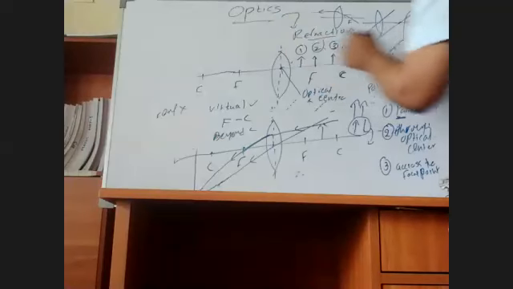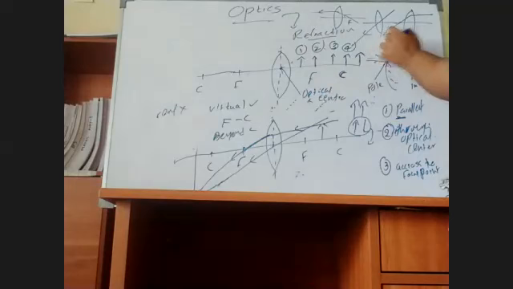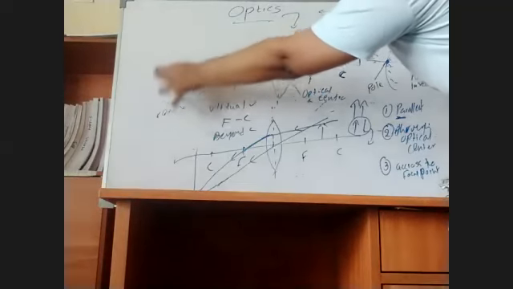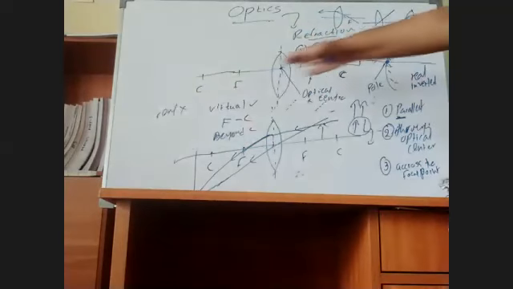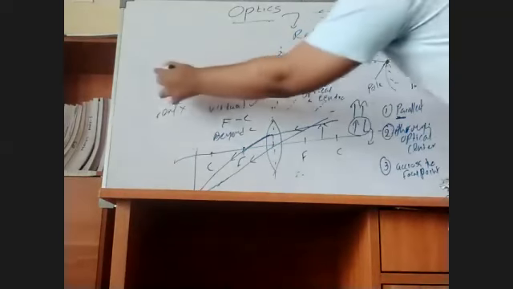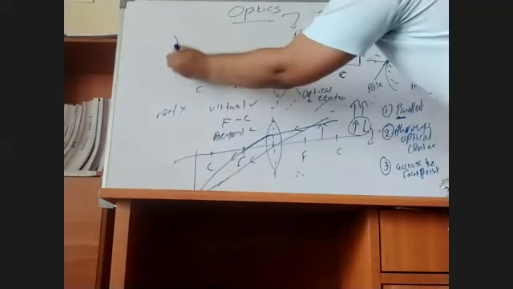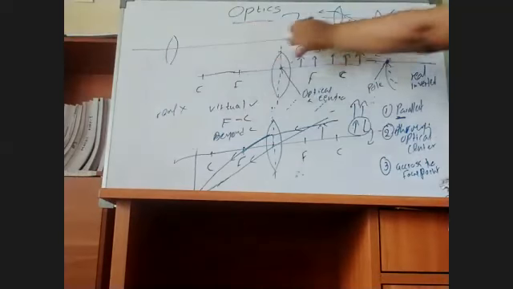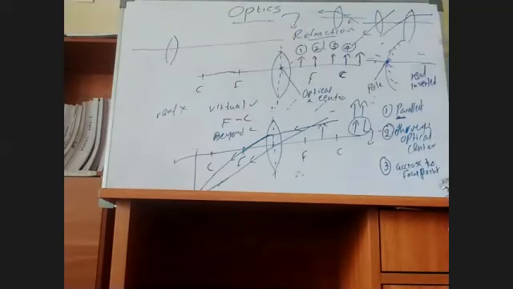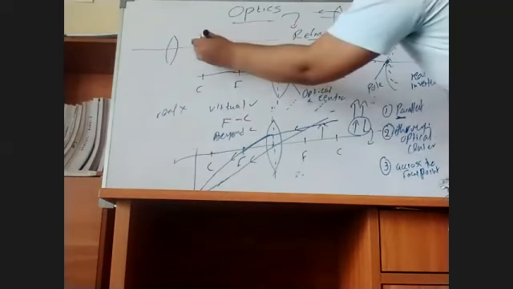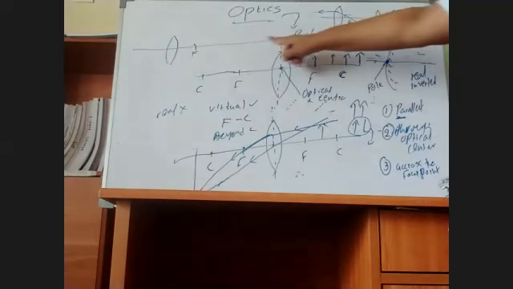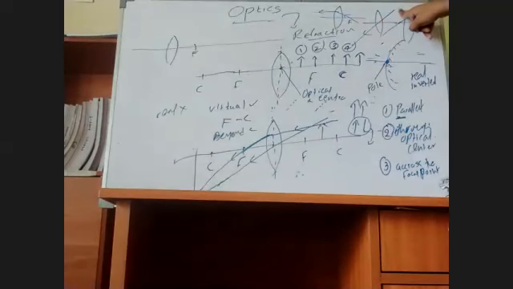We'll think that the object is like this, and the lens is here. I'll draw the lens here. Now we can extend the principal axis like this, and then we'll guess that the focal length is this much. Now we'll assume that the object is here.